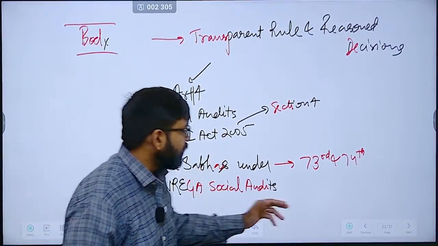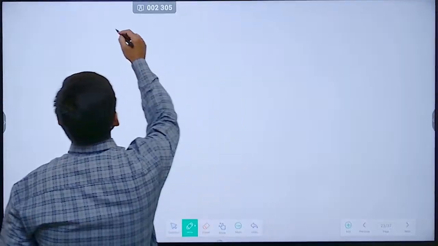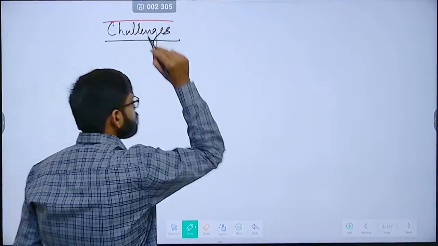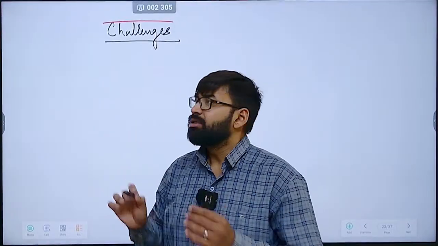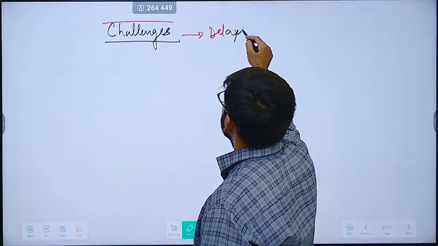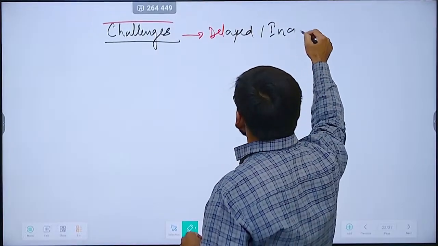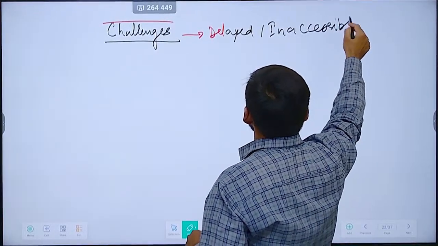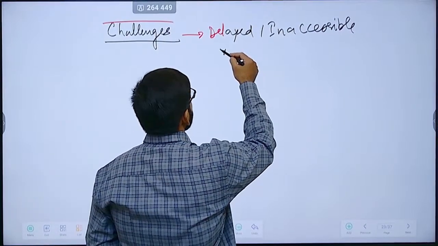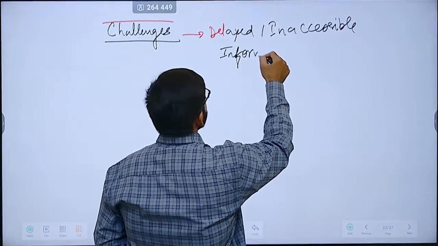Clear? Now the second important thing, you have to mention the challenges. Now what are the challenges? You can mention delayed or inaccessible information.